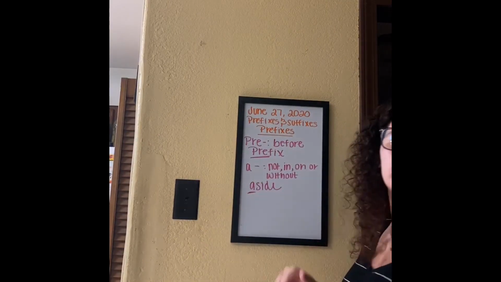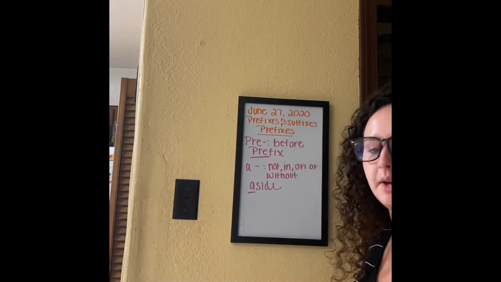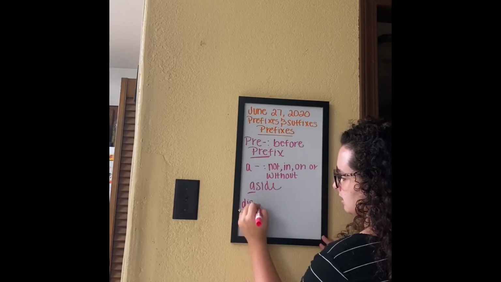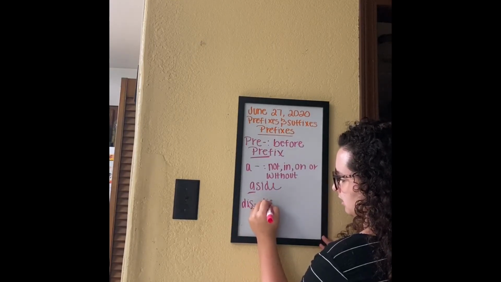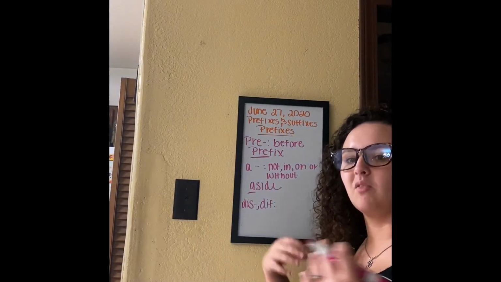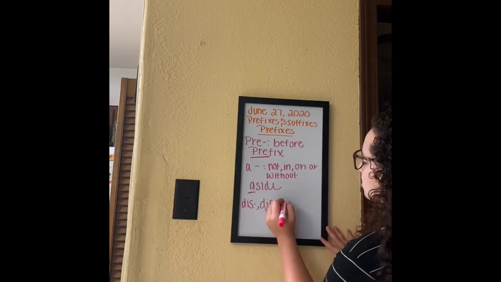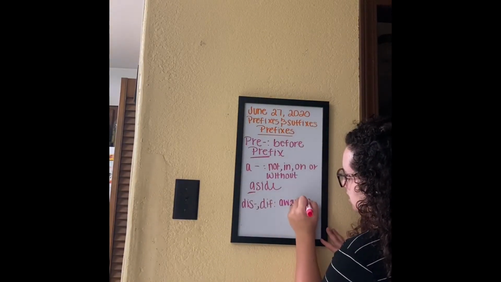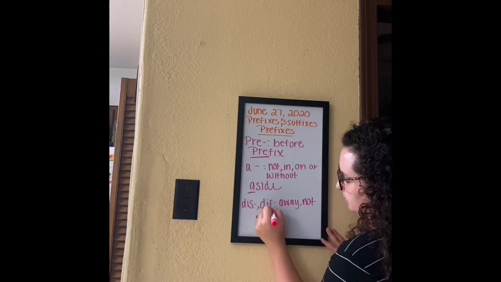Aside. And then the last one that we're going to do is dis or diff, okay? Dis and diff. This means that it's away, separate, or not. The state of not doing something, right? So away, not, or separate.